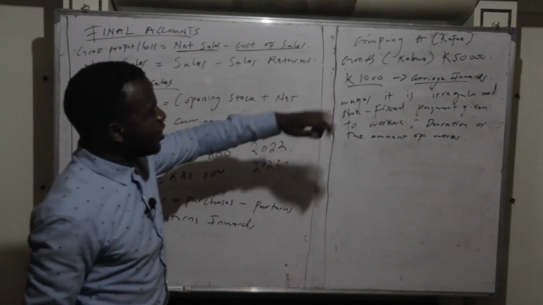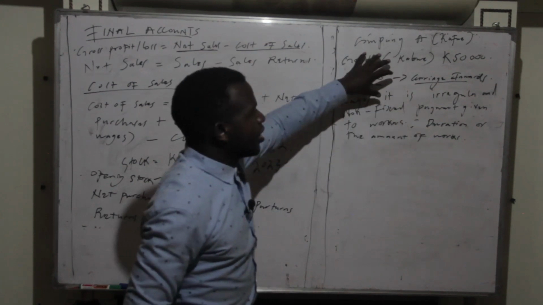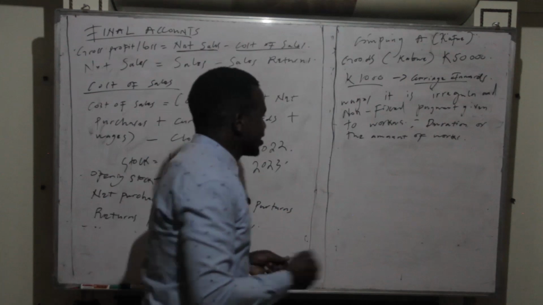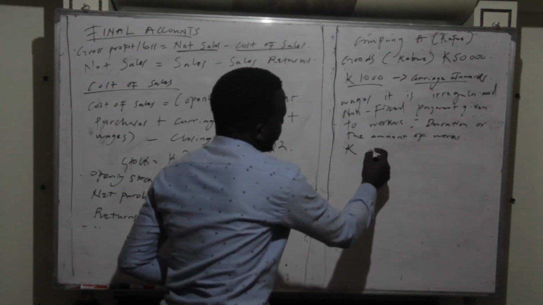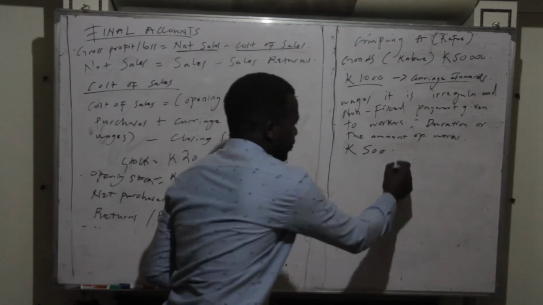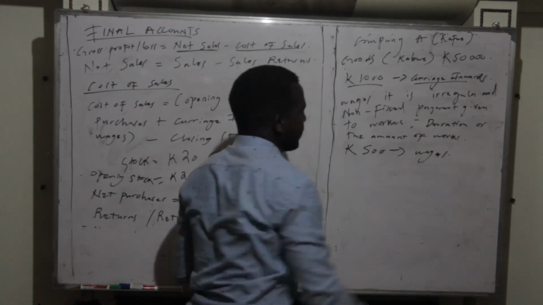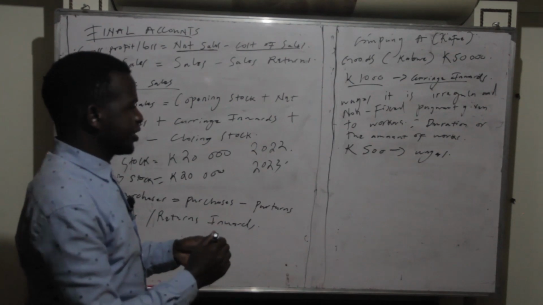So for example, if when loading them and offloading them into a truck, it actually costed company A, for example, 500 kwacha. That means that this 500 kwacha, we are going to count it as wages, and this has to be added to purchases. So that's wages.